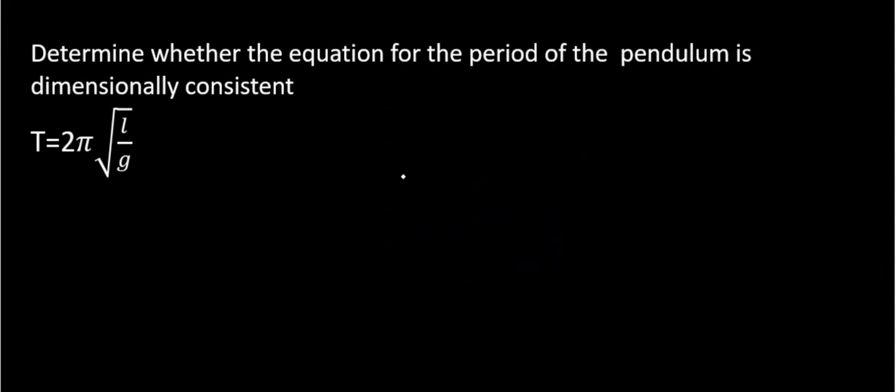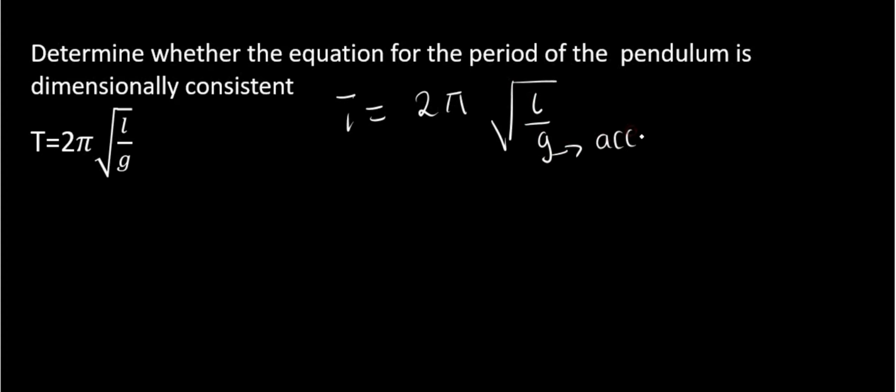So another question, this one again, says determine whether the equation for the period of the pendulum is dimensionally consistent. So remember that you have T equal to 2 pi square root of L over g.